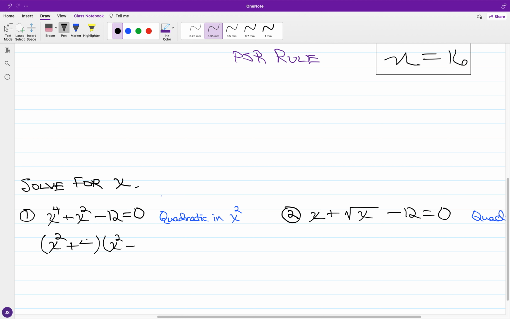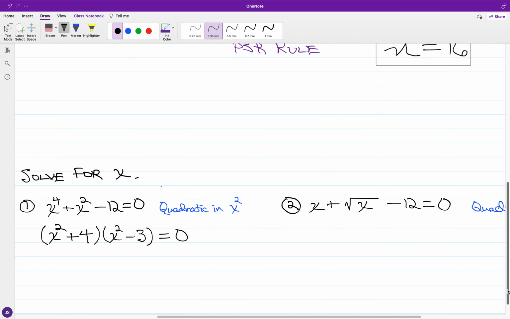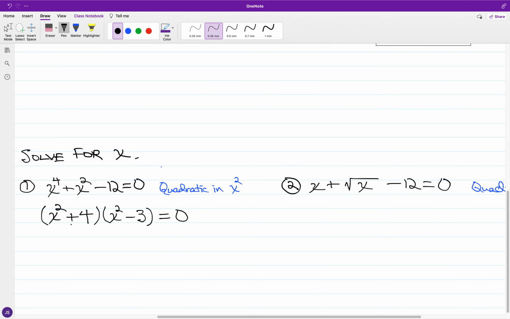So we have a plus 4 and a minus 3. Again, you can always double check. So you have x to the fourth. Negative 3x squared plus 4x squared is going to yield positive x squared. 4 times negative 3 is going to be negative 12. And we can go ahead and set up the zero product property, setting each of these factors to 0.